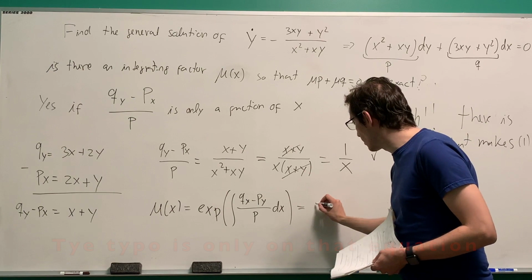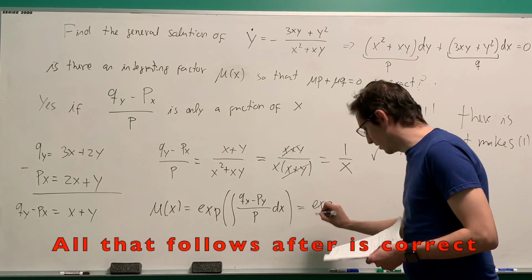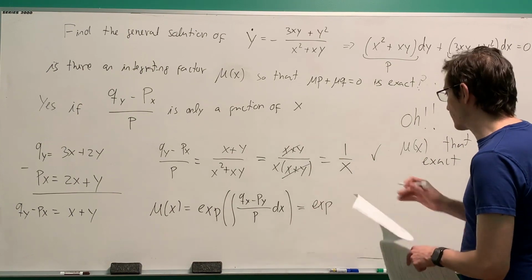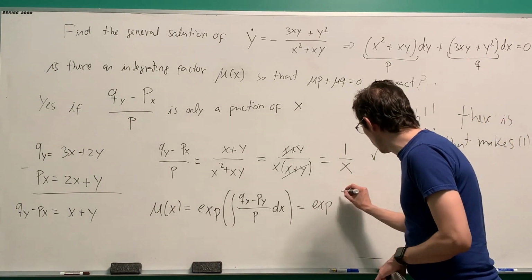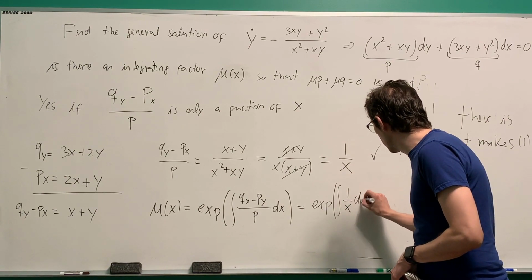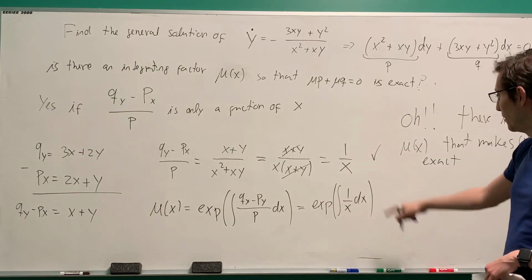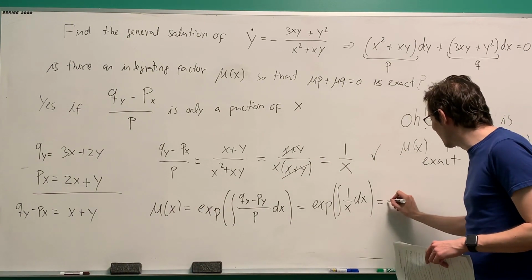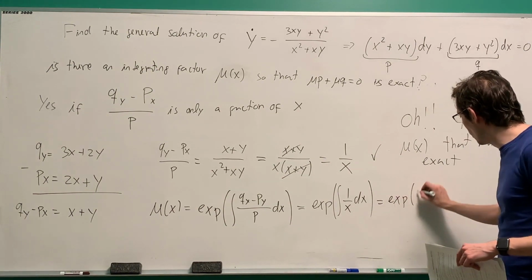This is going to be the exponential, all right, of 1 over x integrated, right? So the exponential of the integral of 1 over x dx. But look how easy that is, because the integral of 1 over x is the log of x. So this is the exponential of the log of x.